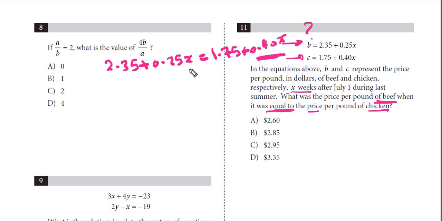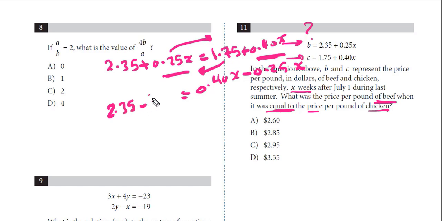Now you can combine x with x. 0.40x in the right side, you can move 0.25x to it: 0.40x minus 0.25x. And move 1.75 to the other side, it will be 2.35 minus 1.75. Now you can get x. 0.5 minus 5 will be 0. 13 minus 7 will be 6.0.